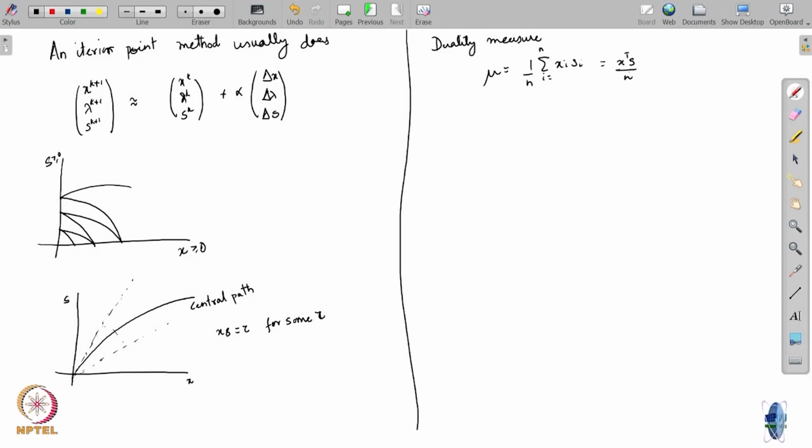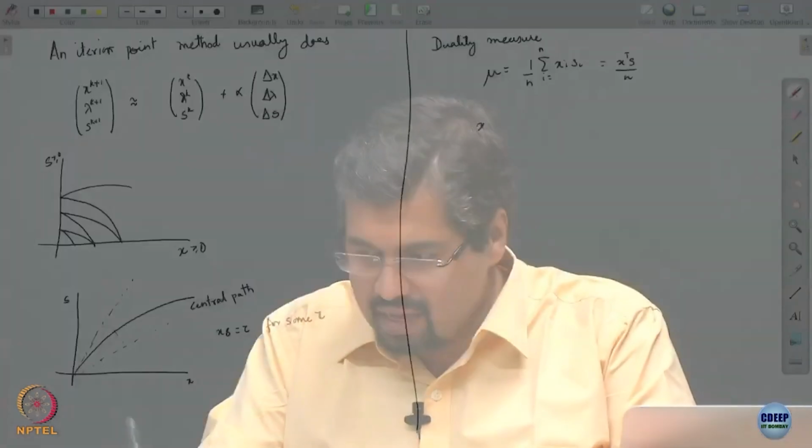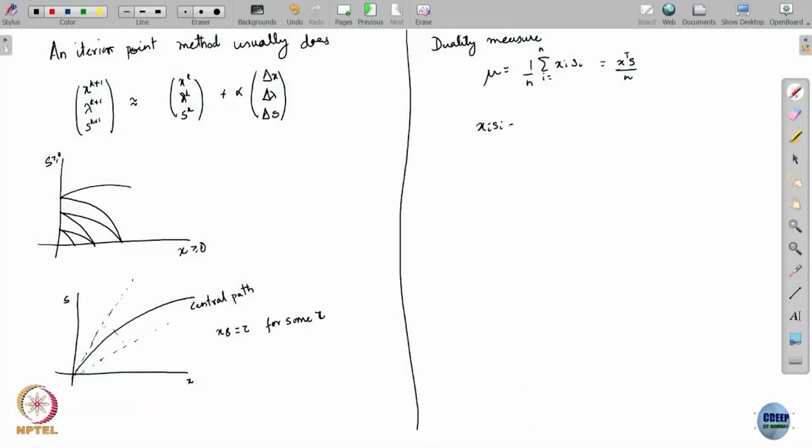Now, the actual interior point method would take a Newton step, but take it towards a point where xi si is close to some multiple sigma of mu.